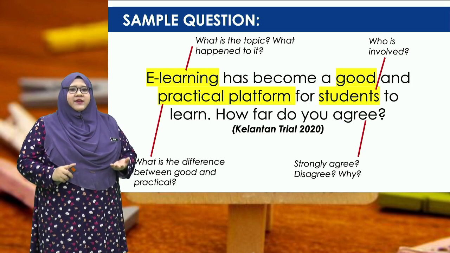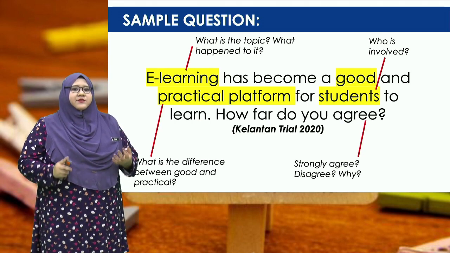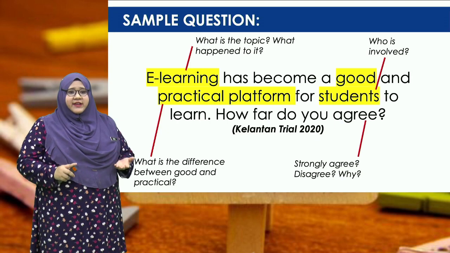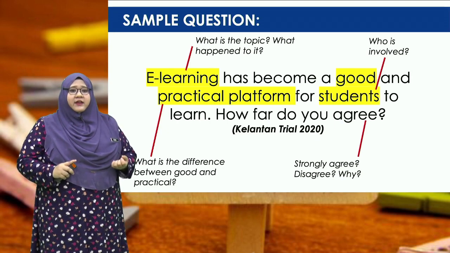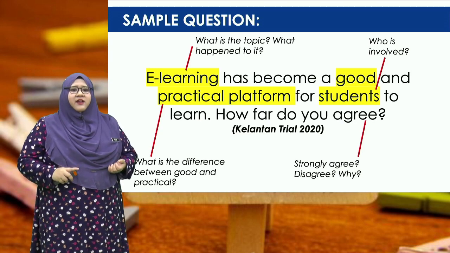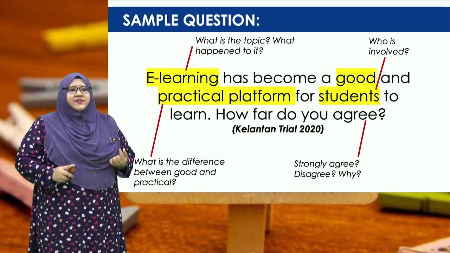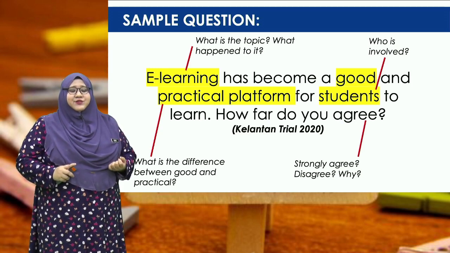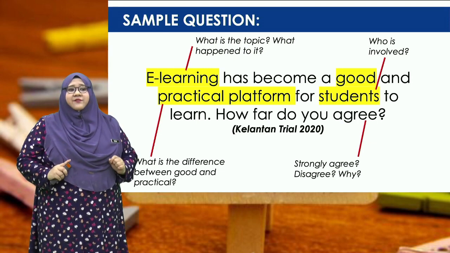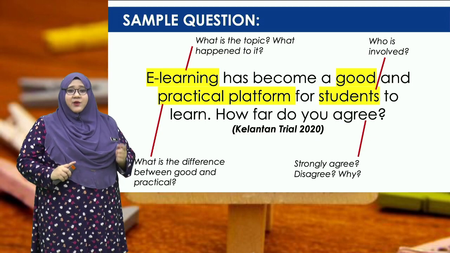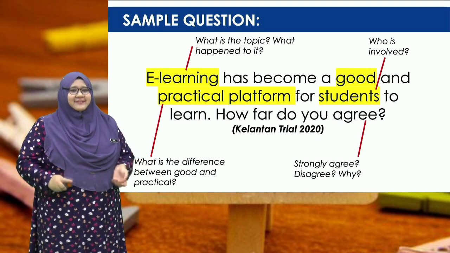And then, who is involved? Students. So this e-learning involves students. How far do you agree? Do you strongly agree? Do you disagree? And why? Even if the question doesn't ask you to justify, always justify your argument. Okay? Still with me?